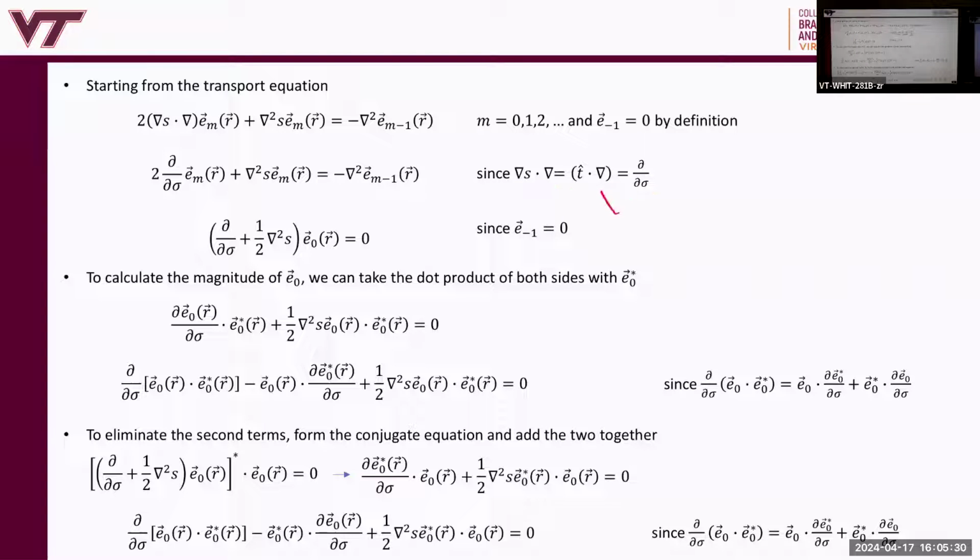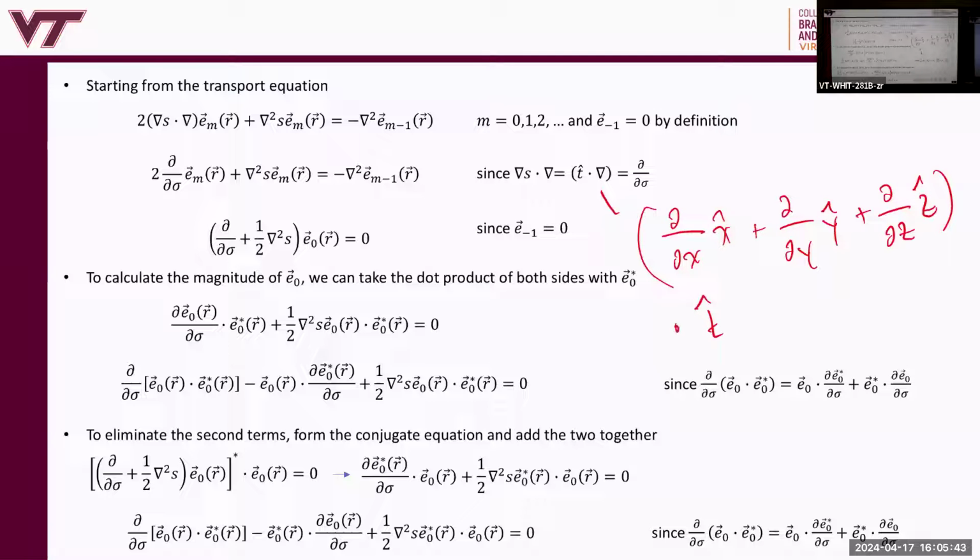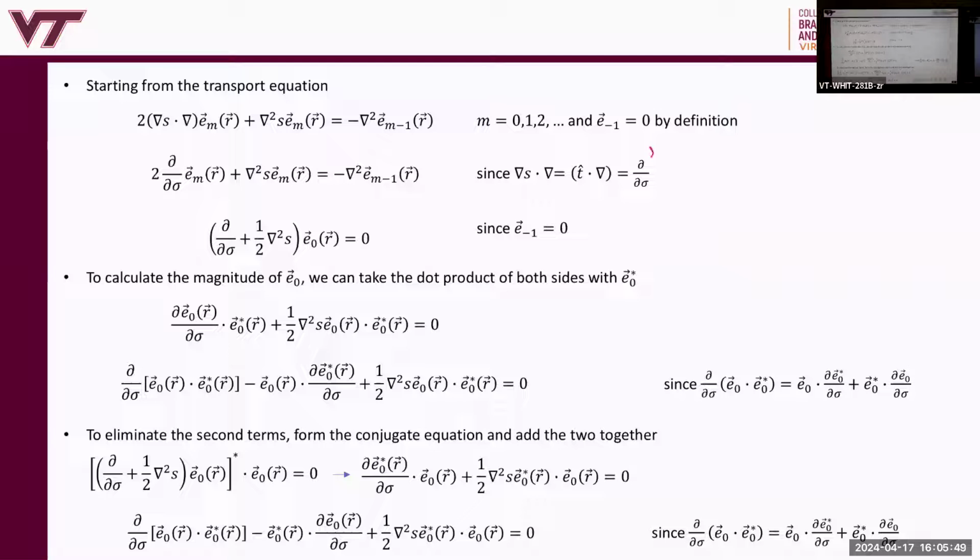Remember, this gradient here is partial by partial x, partial by partial y, if we were working in rectangular coordinates. If you take the dot product with t, it's like a directional derivative in the direction of t. And we know that a directional derivative in the direction of the tangent to the ray is also partial by partial sigma. So we can write this as partial by partial sigma. All right, let's consider only the 0th order term, so m equal to 0 here.